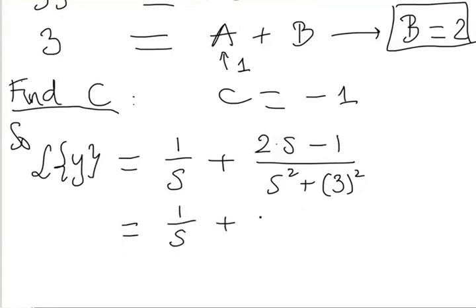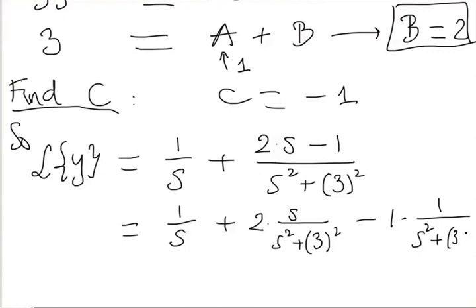And I split this fraction into two pieces: 2 times s over s squared plus 3 squared, and then minus 1 over s squared plus 3 squared.